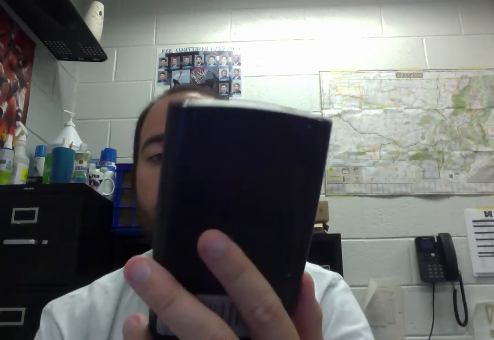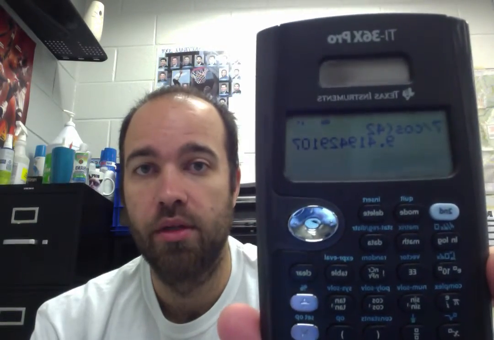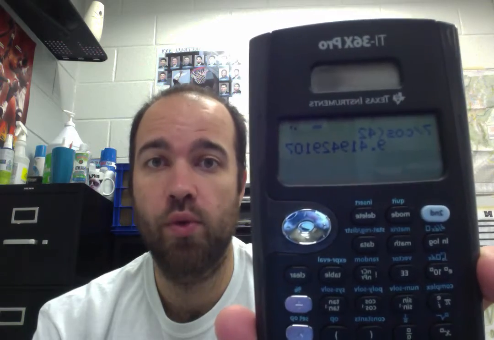Cosine is just 2 spaces above the number 8. We hit enter, and we get 9.42. That's the hypotenuse. We just solved for x. X equals 9.42.